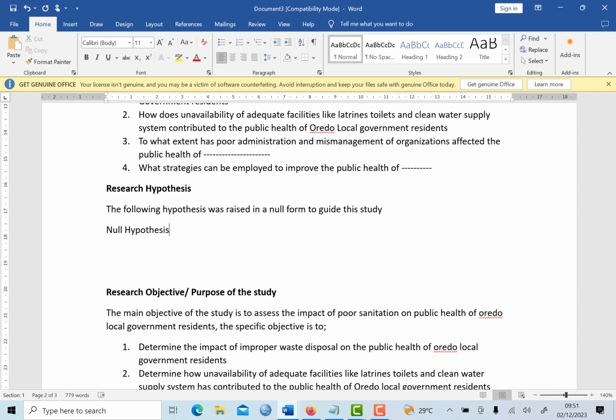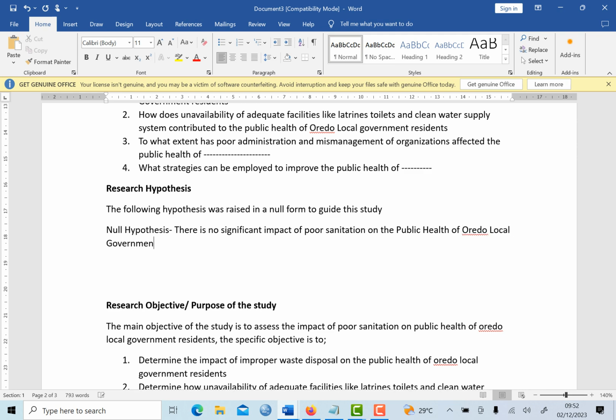Hypothesis: there is no significant impact of poor sanitation on the public health of Oredo local government residents.